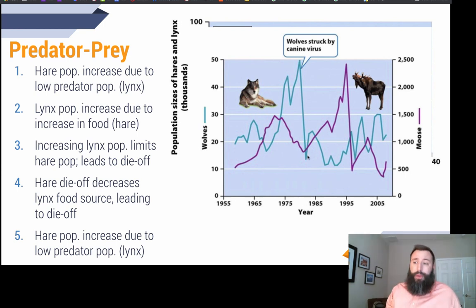As a result, we no longer have as much of those prey being controlled by the predators, right? You see that purple line here of the moose really skyrockets pretty readily here. Probably all the way up until it no longer has access to some of its limiting resources, food, habitat, right? A lot more competition, which is going to lead to maybe some starvation and some die-off too.